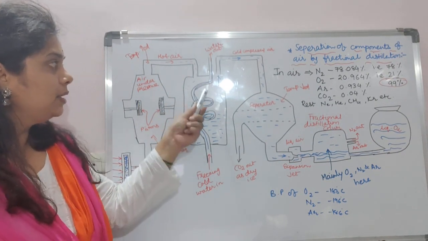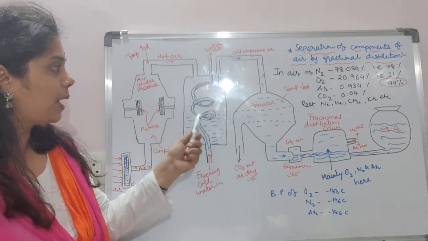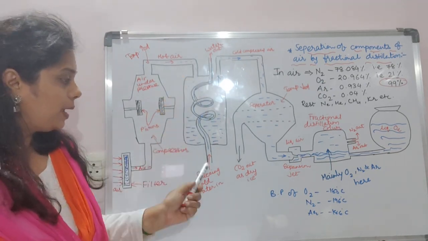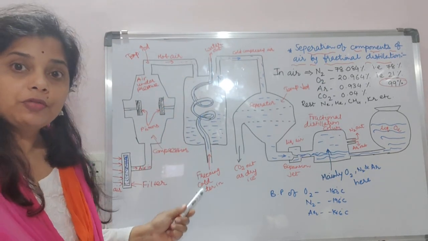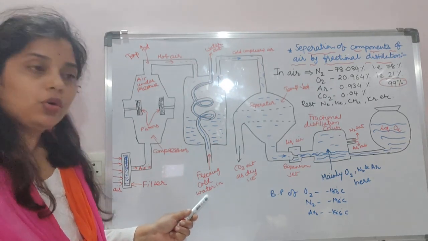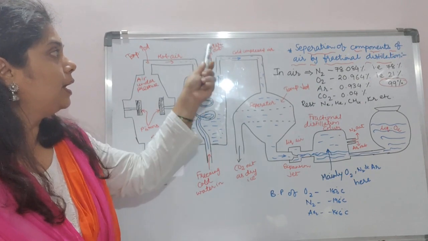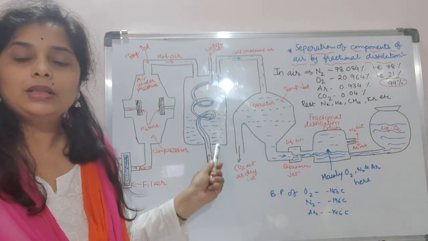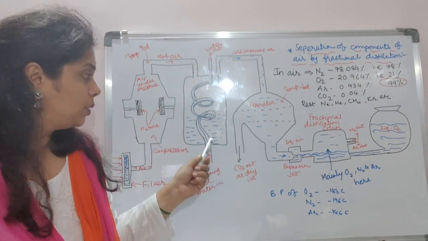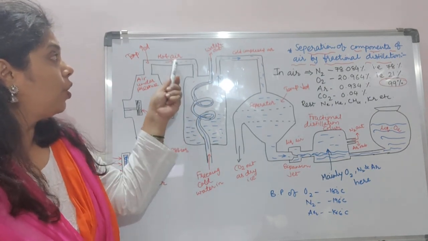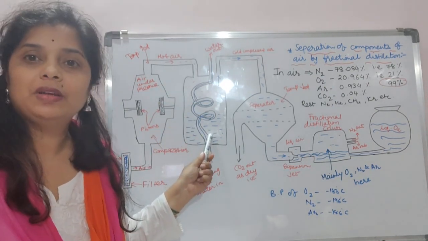That hot air now goes into this tank, and in this tank, as you see, there is a curved pipeline, open at the top and bottom. From the bottom, freezing cold water continuously moves inside and goes outside from the top. Why has this facility been given here? To convert the hot air into liquid air.